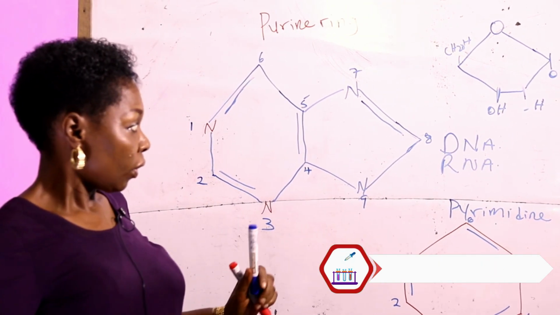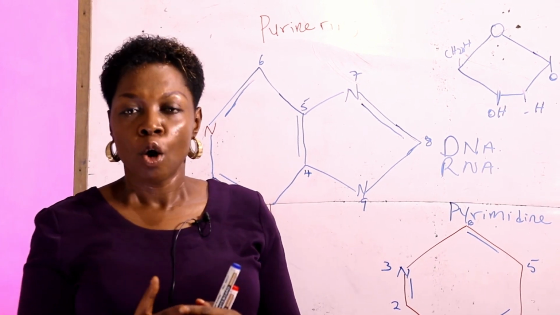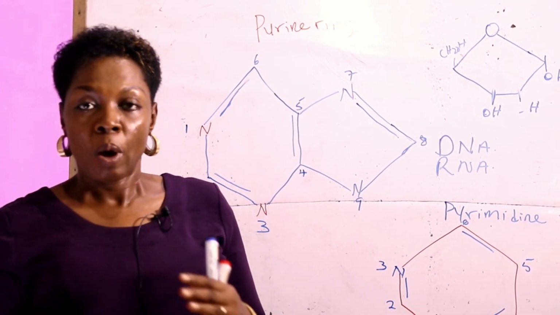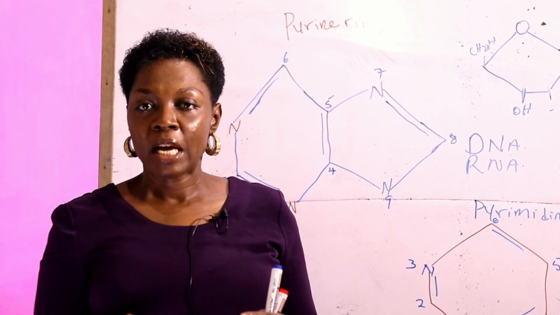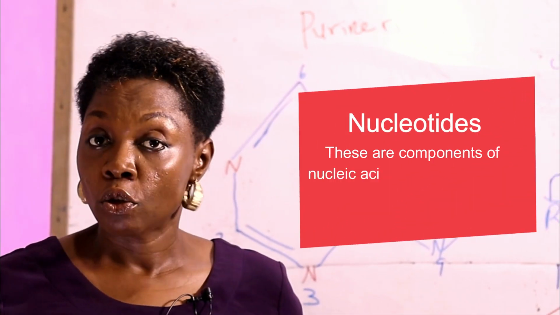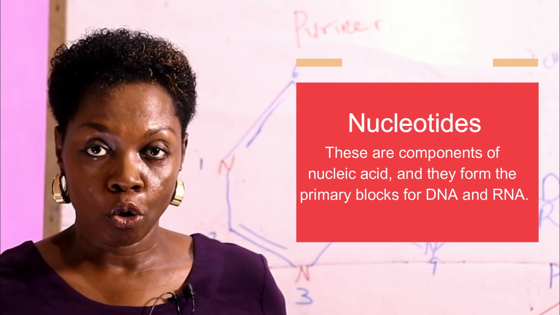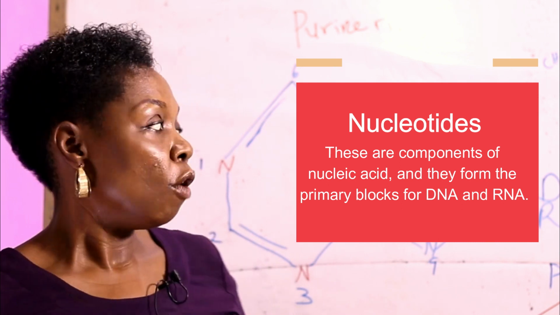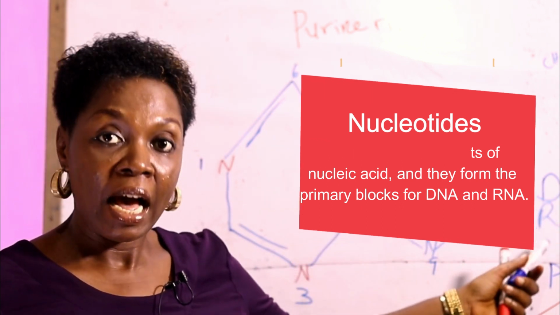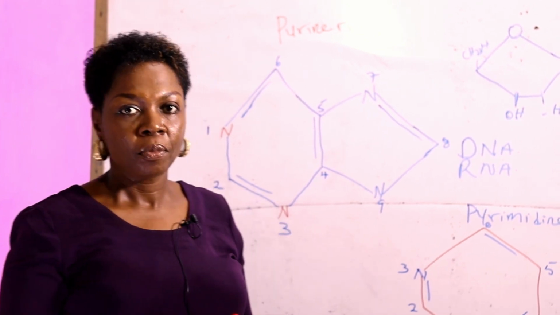Now, the DNA and the RNA are polymers of nucleotides. So I've introduced another word, nucleotides. So what are nucleotides? Nucleotides are components of nucleic acid, and they form the building structure or the primary blocks for DNA and RNA. So let's look at the chemistry of nucleotides.